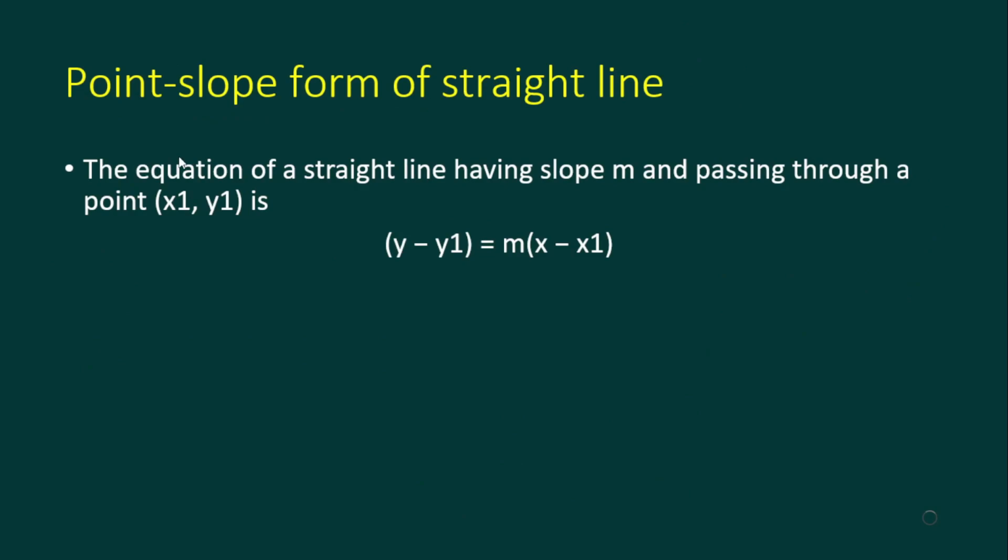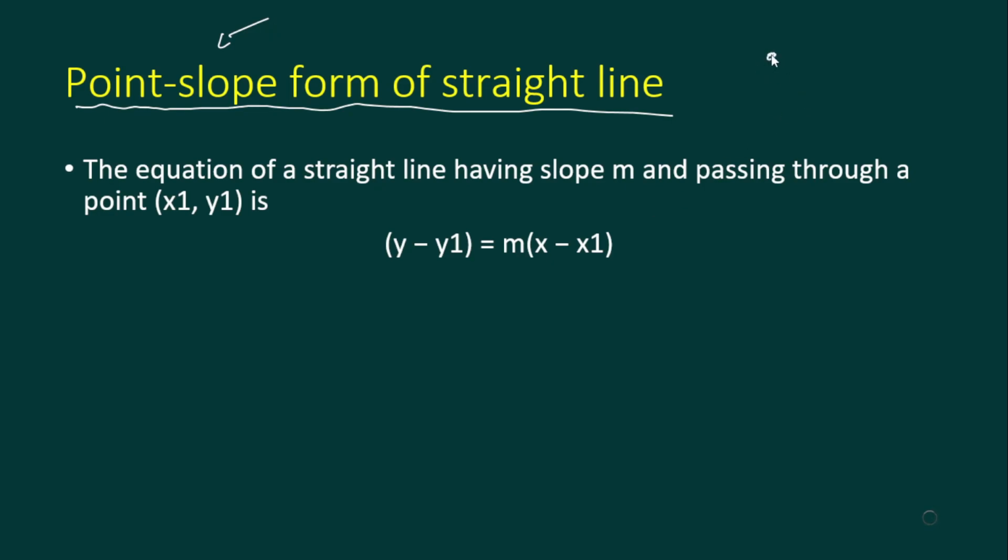Next, there are many ways by which we can write the equation, and the next way is the point slope form of a straight line. By the name we can see that it is the point and slope.